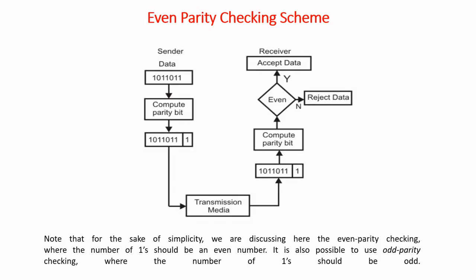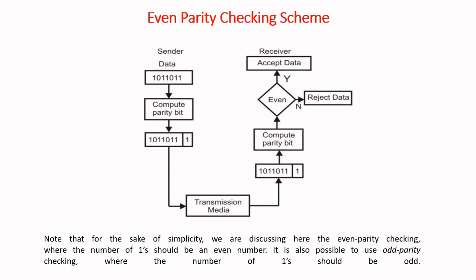This is the concept of the even parity checking scheme. With the help of this flow chart, this diagram, you can understand the concept. There are two ends, the sender end and the receiver end. At the sender end, there is data 1011011. That data is input and the parity bit is computed.